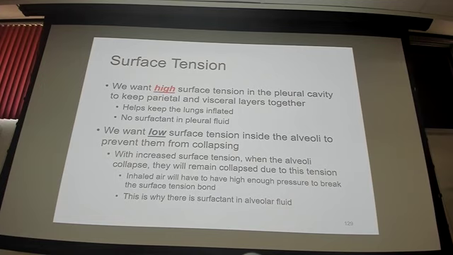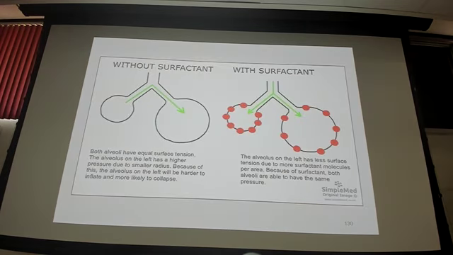If you have to fill them both up, it would take different pressures. One would fill up before, one would collapse potentially while the other one was trying to fill up, right? The surface tension that is created, or the lack of surface tension that's created by the surfactant, helps both balloons fill up equally at the same time without one collapsing, okay? That's what this represents, okay?